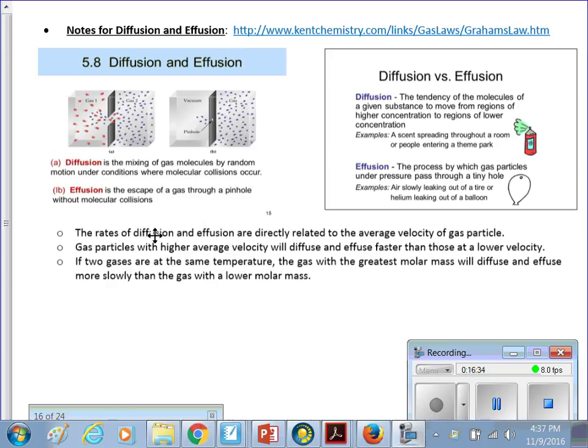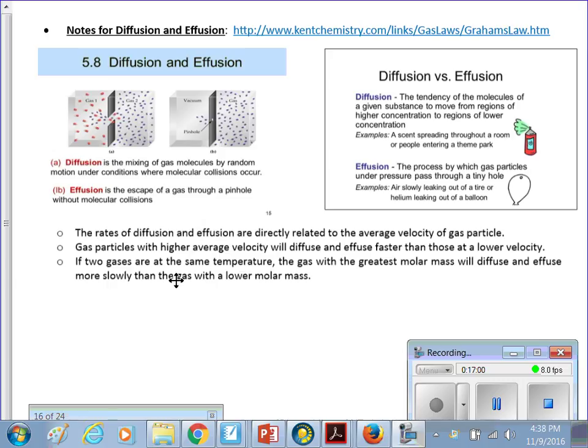In general, the rates of diffusion and effusion are directly related to the average velocity of a gas particle. The faster a gas is moving, the faster a gas will diffuse, and the faster it will effuse, the faster it can escape. Gas particles with higher average velocities will diffuse and effuse faster than those at lower velocities.